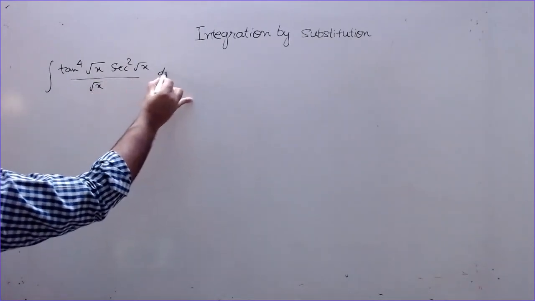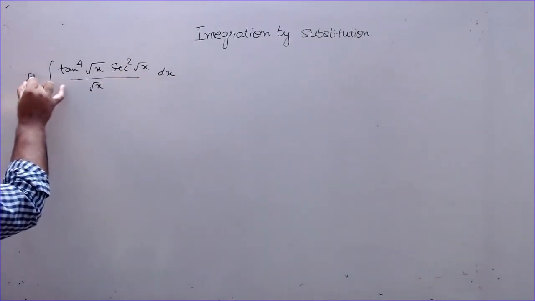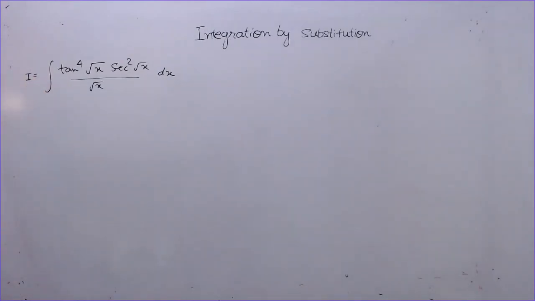This is the question. Here you can see that tan x is the function f(x), and in place of x we have root x. The derivative of tan is sec square and the derivative of root x is 1 by 2 root x, that is also given. So I will substitute this function as t, and the derivative of this is given.